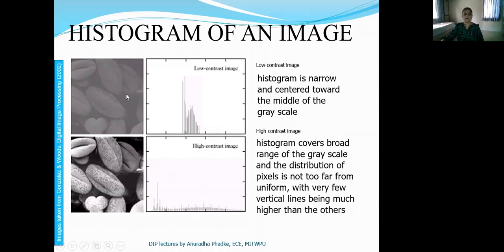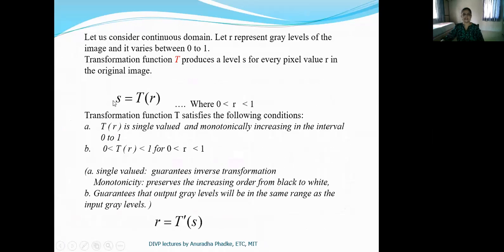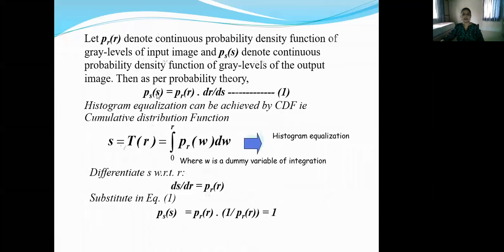Okay, so if we have a low contrast image, we can modify it to a good contrast image by processing its histogram. We can try to equalize the histogram in order to get an image with better contrast. The mathematical equation is S = T(R), where T(R) is given by the integral from 0 to r of p_r(omega) d omega.